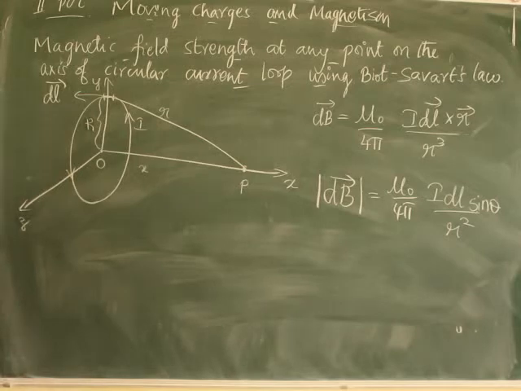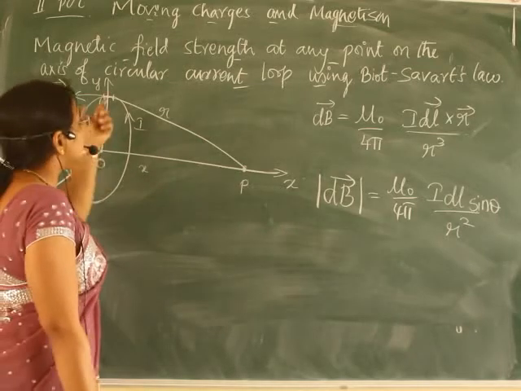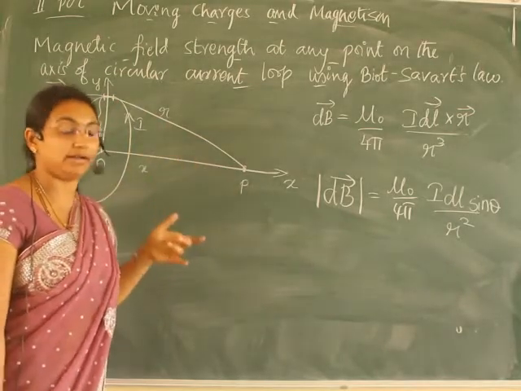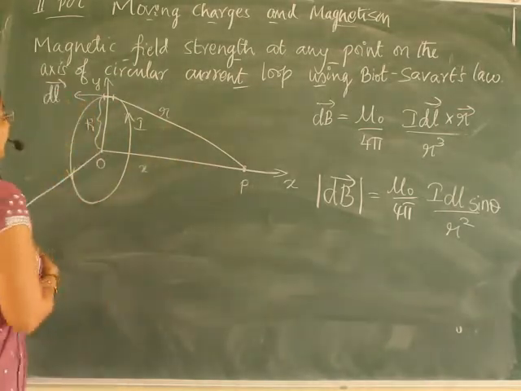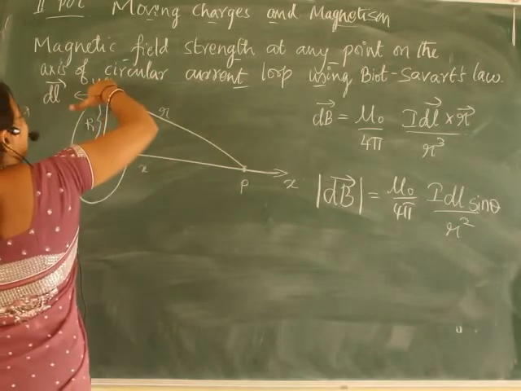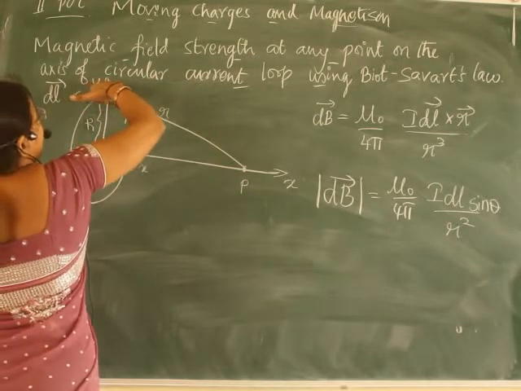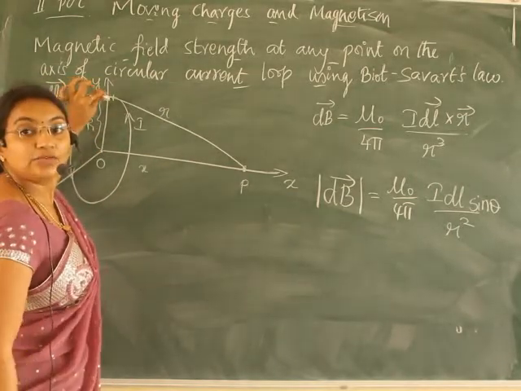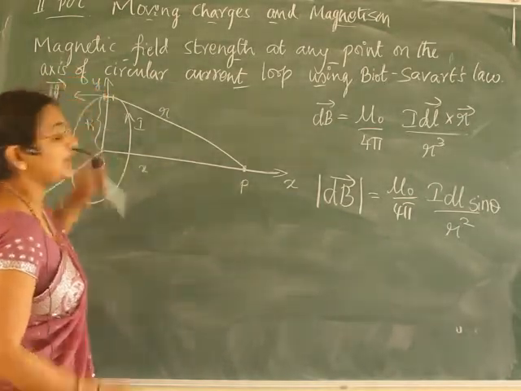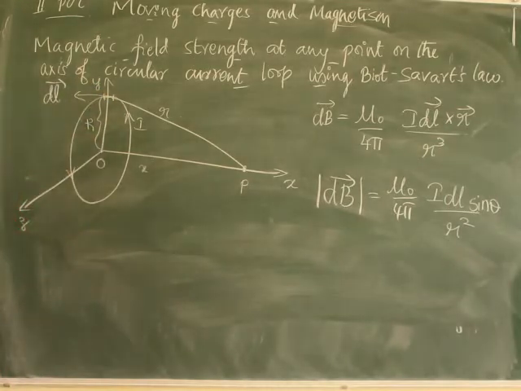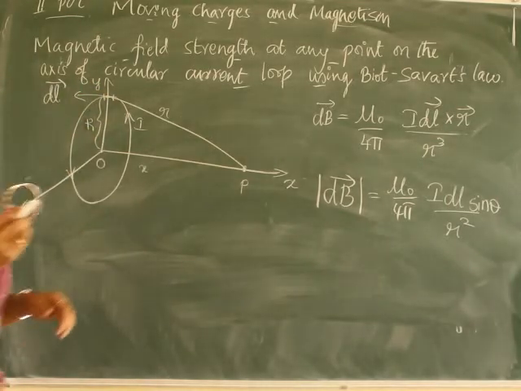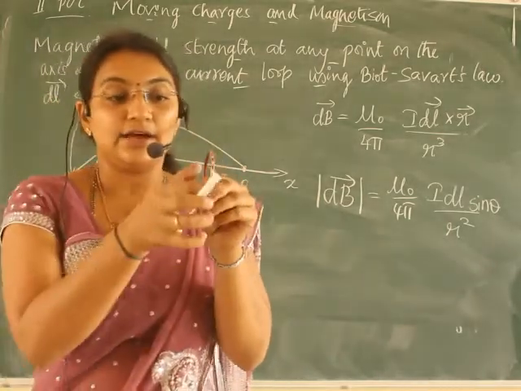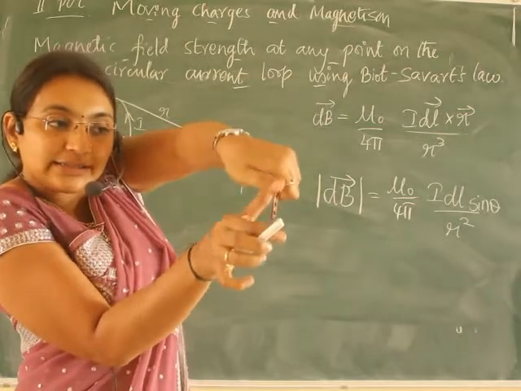What is theta? Theta is the angle between this element and r, that is dl and r, correct? See here, this current is moving like this, so the element is like this, correct? This is nothing but a tangent to this point, for this circle it is a tangent. So just look here, this is your current carrying loop, correct?